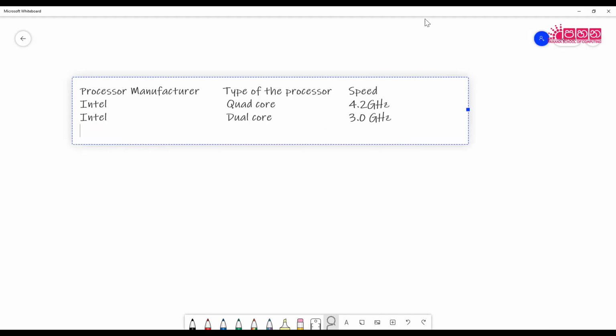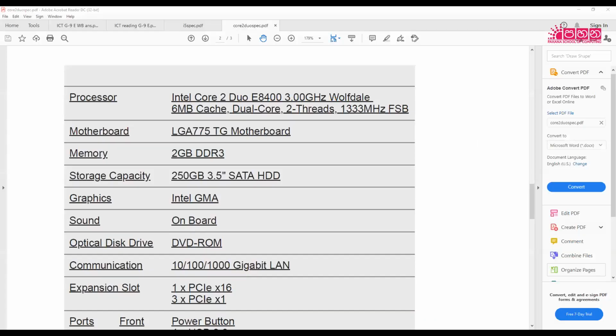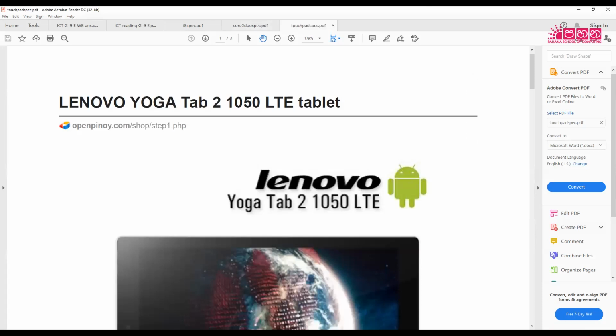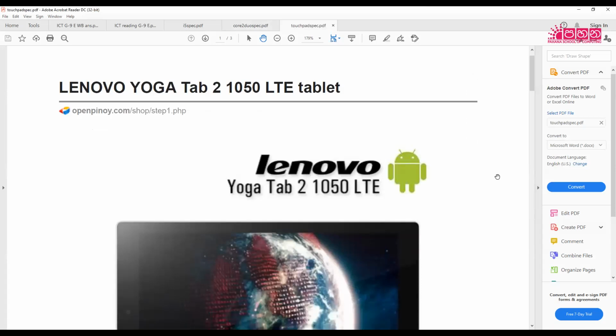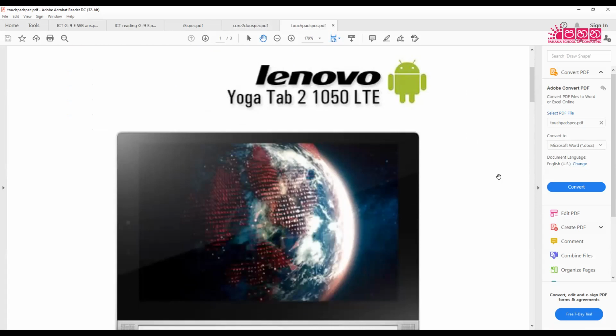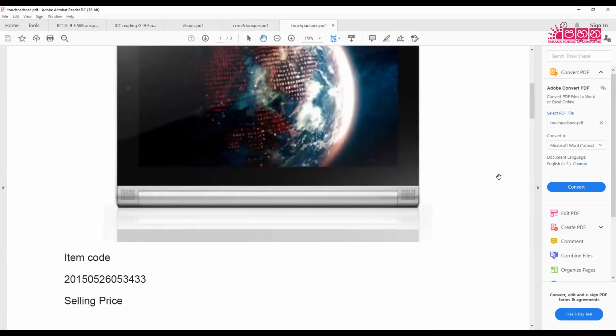Let me put another one there. So this time it's a tab computer.